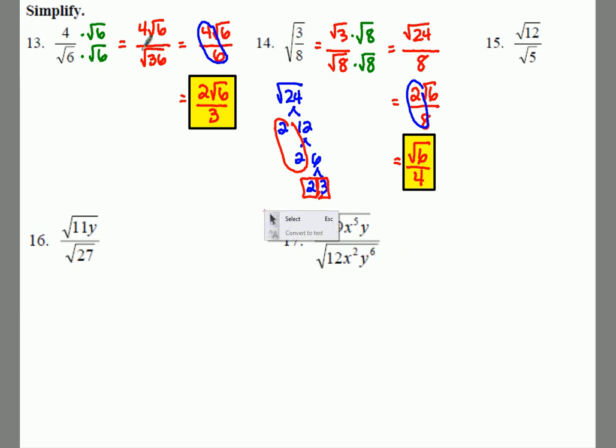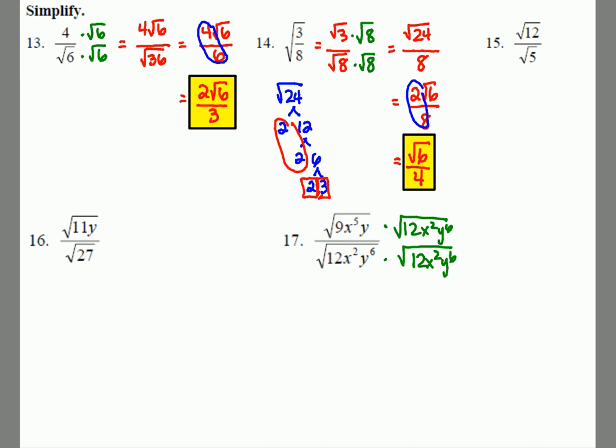So we're going to multiply top and bottom by a square root of 12 x squared y to the 6th. And you could actually simplify this before and make your life a little easier. Or we can go ahead and multiply across.